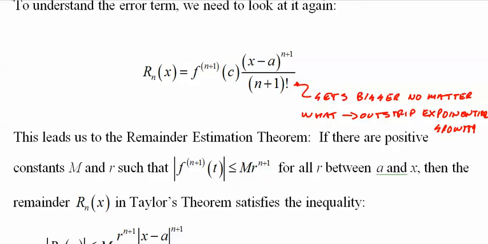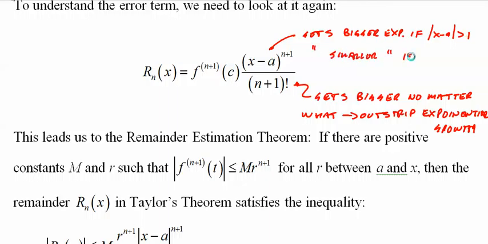This gets bigger exponentially if x minus a is greater than 1, and smaller exponentially if x minus a is less than 1. So that matters depending on what you're dealing with.